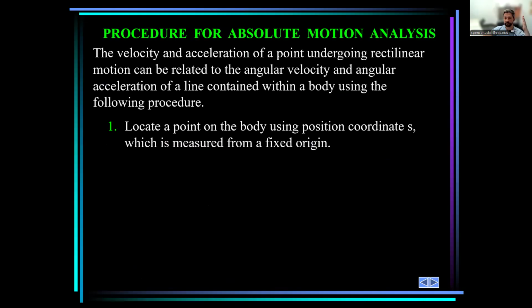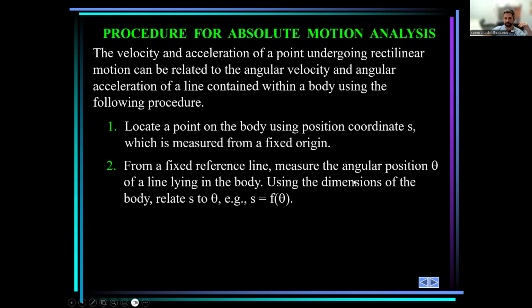But in essence, that's all we're doing, right? Establish what our s is. What's that length that's changing? Then establish what our theta is. Pick some axis that is rotating about and say, okay, there's our theta. And then come up with a geometric relationship between the two, right? Use trig, use basic geometry, you get a little creative, you come up with that relationship. And really, that's what we need, right?